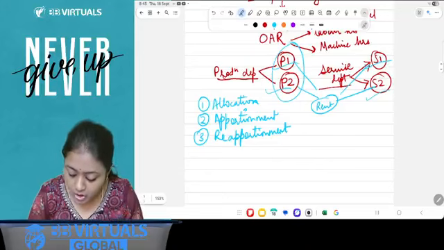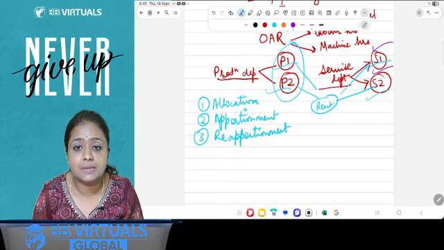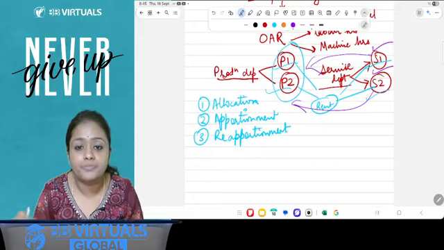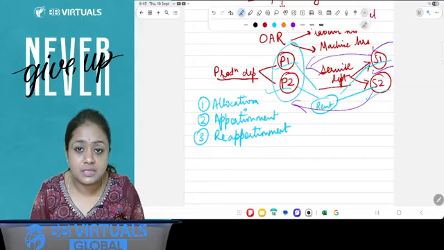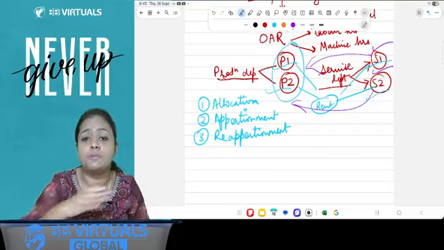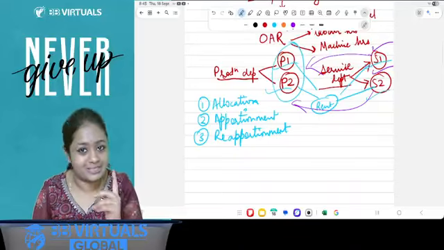Reapportionment means now you will reapportion this department and this department cost back to the production departments. Because ultimately service department is not the department whose cost will be added to the product cost. We add always production overheads to the product cost, correct?